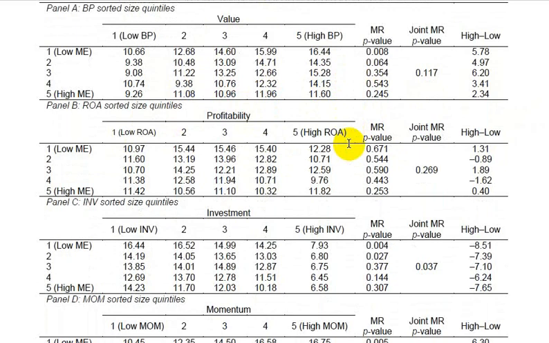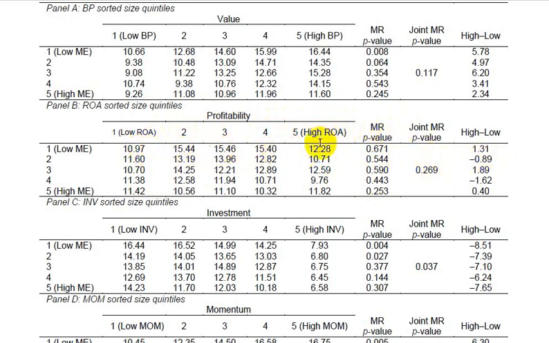So next, looking at the profitability, we're using the return on assets here, with prior studies showing that higher return on assets typically come with higher returns than lower returns on assets. And we see that somewhat to be the case in some size categories, but the p-value here is just so high that we would have to reject that this is a monotonic relationship.